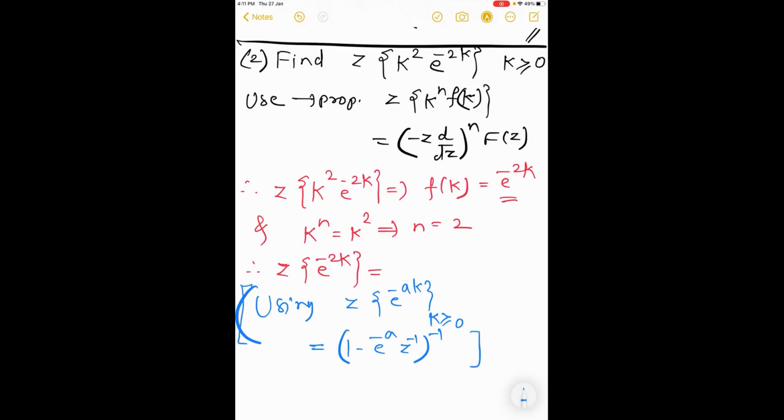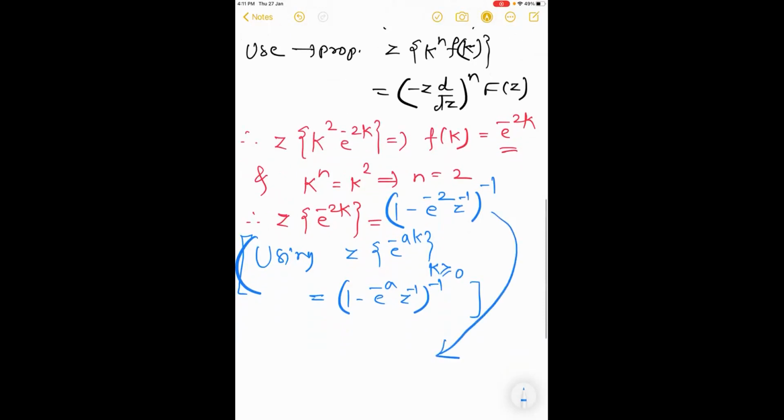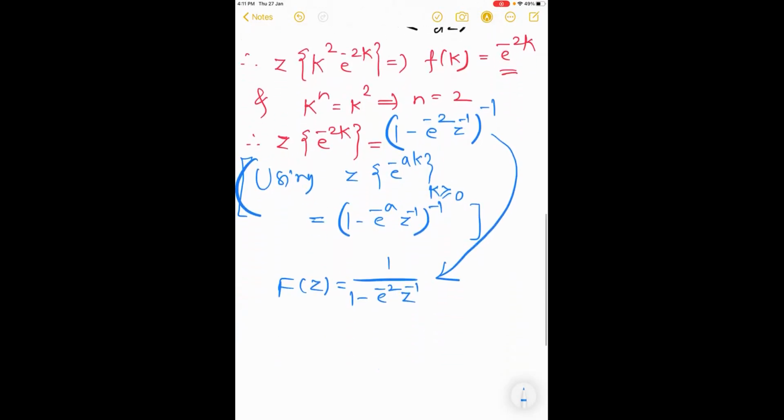So when e raised to minus 2k is there, we will take this answer as 1 upon 1 minus e raised to minus 2 into Z raised to minus 1. That means F(Z) is equal to 1 upon 1 minus e raised to minus 2 into Z raised to minus 1. So this is your capital F(Z).